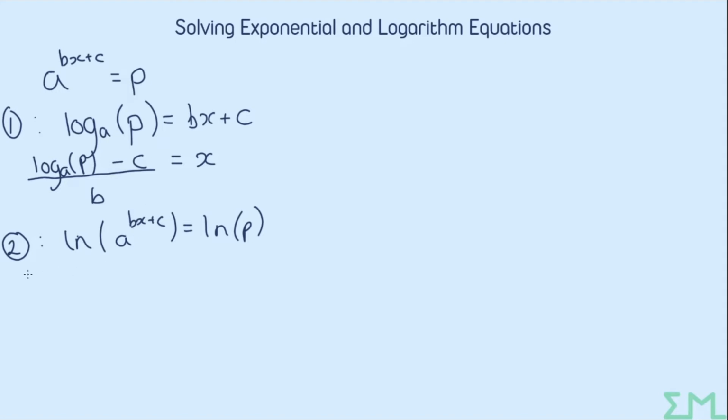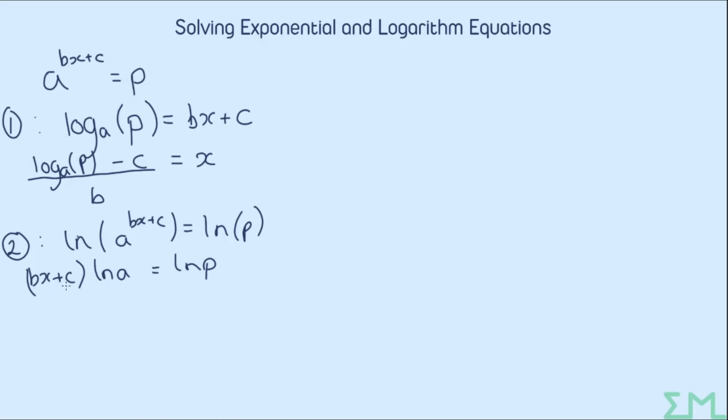So here you can bring down the bx plus c, which now multiplies in front of the ln a. I'm just going to drop the brackets there for ln p. Then ln a and ln p are just numbers. I'm not going to put them in my calculator yet because they're most likely irrational numbers, so it's absolutely fine to leave them as ln 2, ln 5, whatever the numbers happen to be.